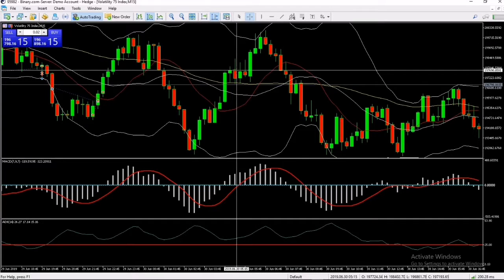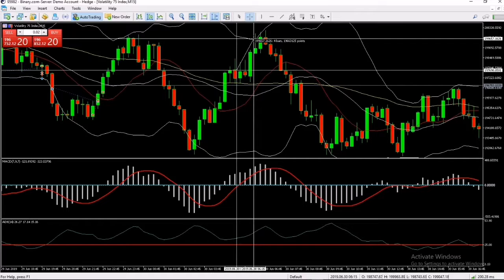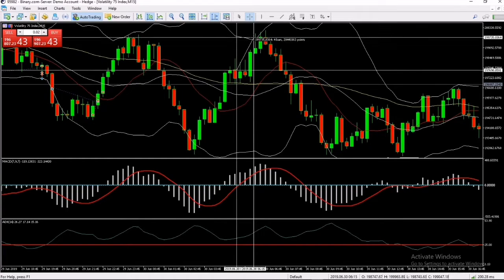And this would have given us a huge profit too, of about $25, depending on the lot size you use. If you use 0.02, you would have made $50. If it's 0.01, you would have made at least $25 from this particular trade, or $20. And you get out of the market.